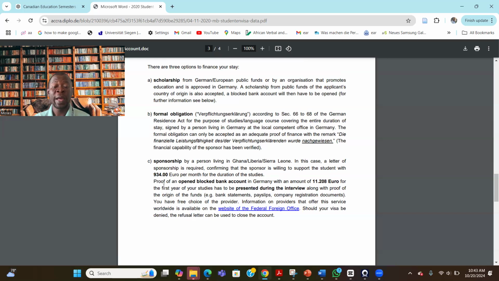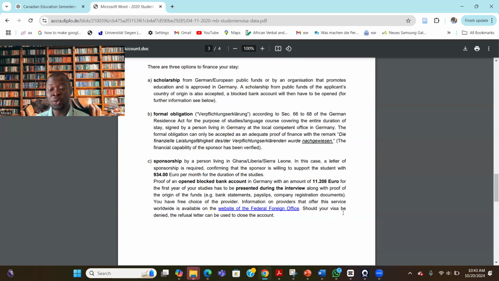Proof of an open blocked bank account in Germany with an amount of 11,280 euros for the first year of your studies, to be presented during the interview along with proof of origin of funds. Okay, bank statement, pay slip, and so on. You have to check the information on providers that offer the service worldwide, available on this site.